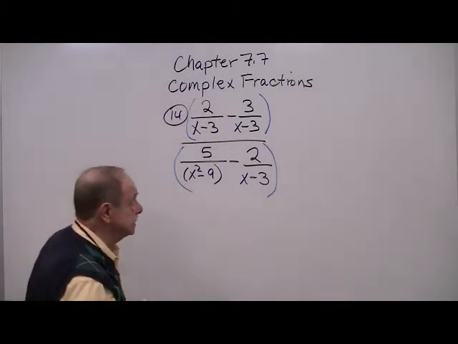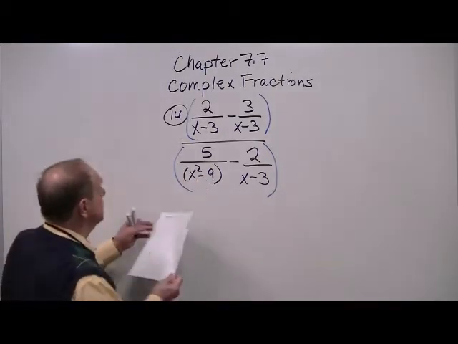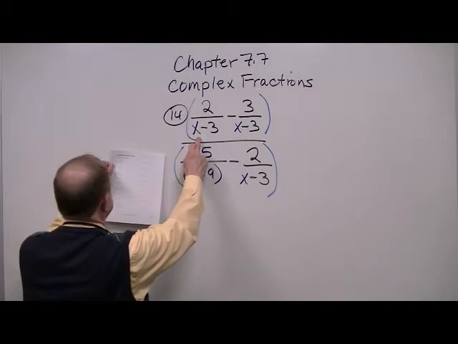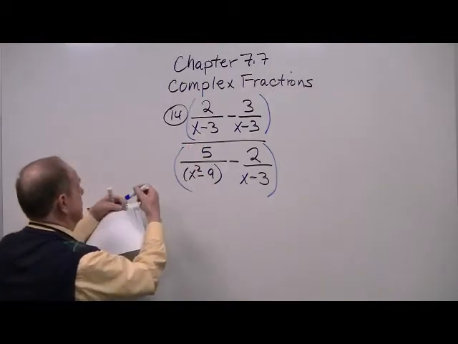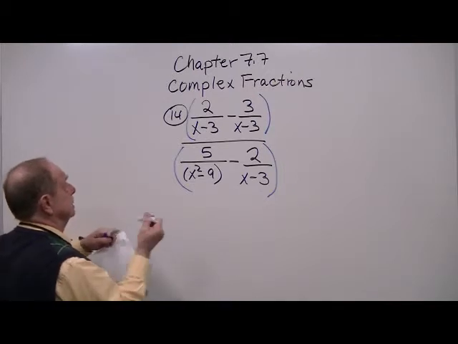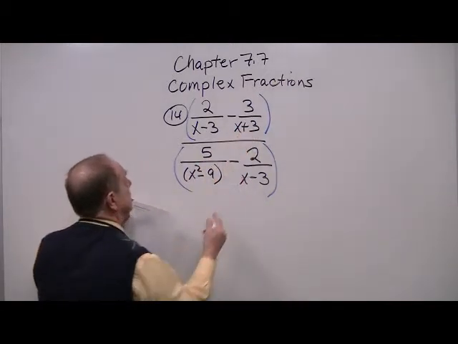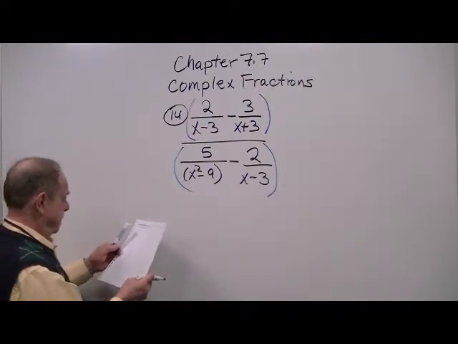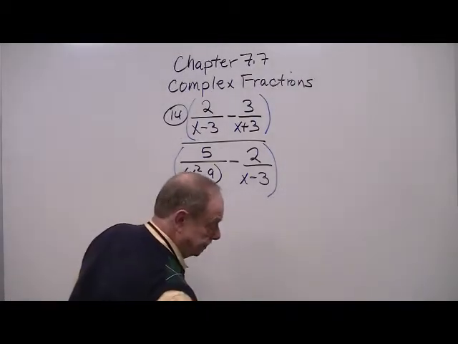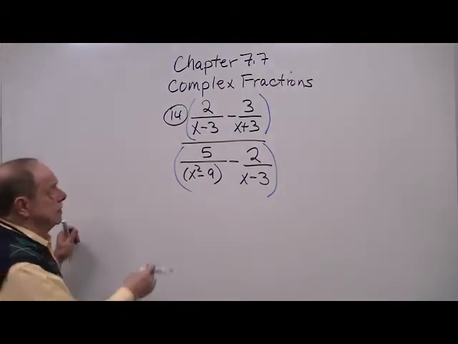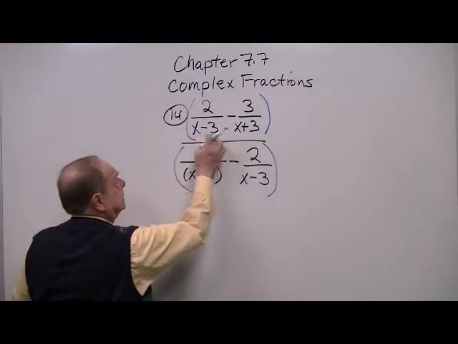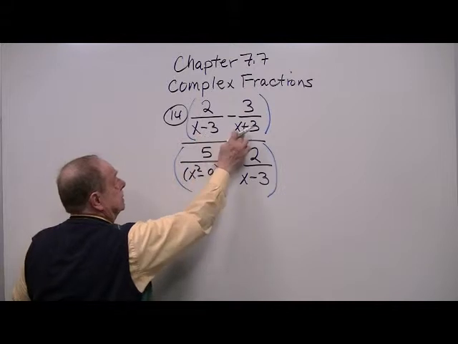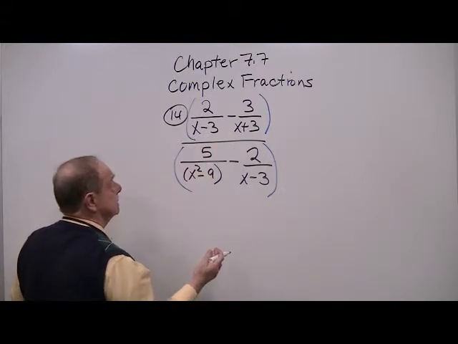I want to just check the signs to make sure I copied it down correctly. This was, yeah, this is going to be a plus here. Okay, that's good now. I don't know if you see this, but these are conjugates from earlier lessons.